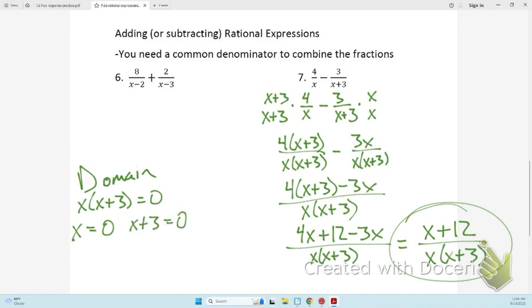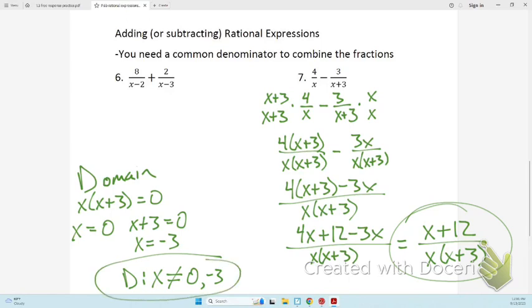Just like x can't equal -3. So final answer of domain is any real number except 0 and -3.